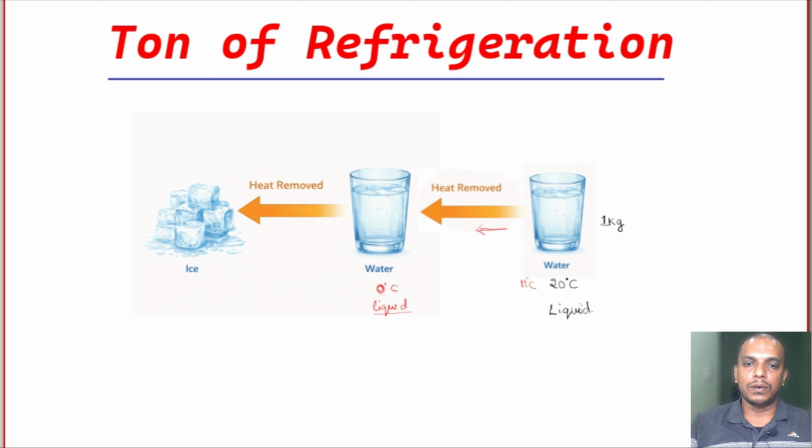Now, if we keep removing the heat further, unless this gets completely converted into solid ice, the temperature would not change. So, at the same 0 degrees Celsius, we will have solid ice. This is a phenomenon where phase change is happening. We must remove the heat in order to cause this phase change.